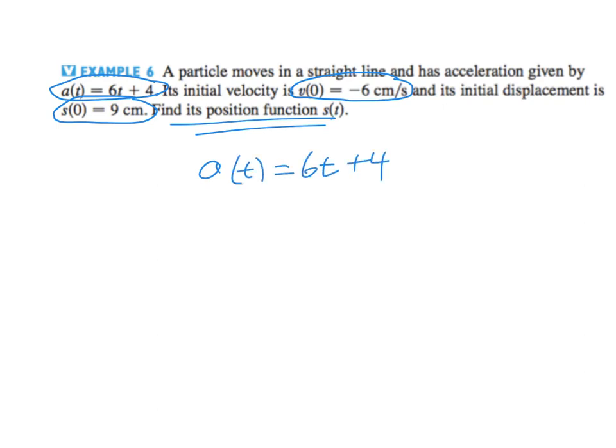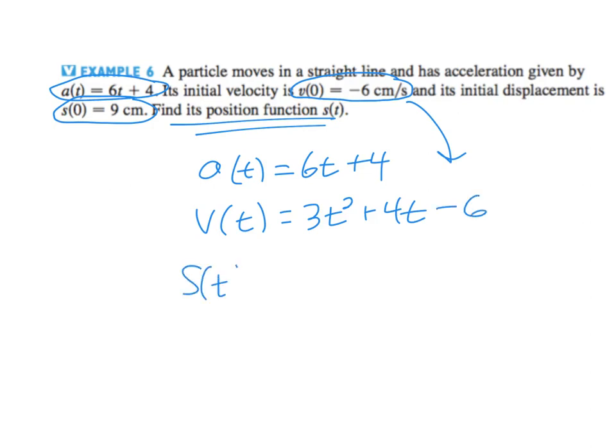the antiderivative of acceleration would be velocity, which is 3t squared plus 4t plus c. And then this is where I'm going to use that first condition, that if I sub in 0, it's -6. And since this is a polynomial, that ends up being my c value, so -6. And then working backwards again would give me position.